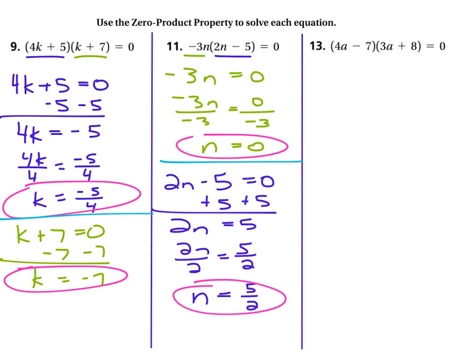Okay. And one more we're going to do here is number 13, and we will take this expression, set it equal to 0, see what we get. So firstly, 4a minus 7 equals 0.